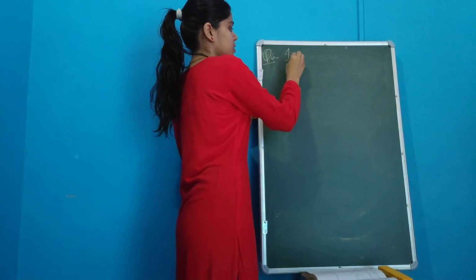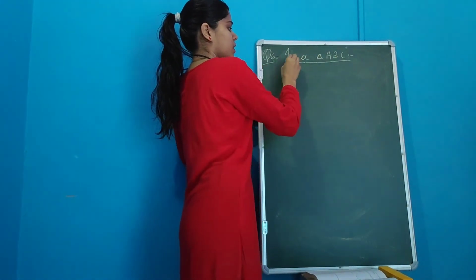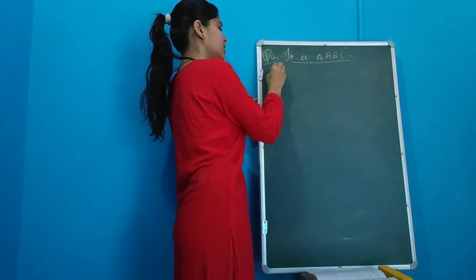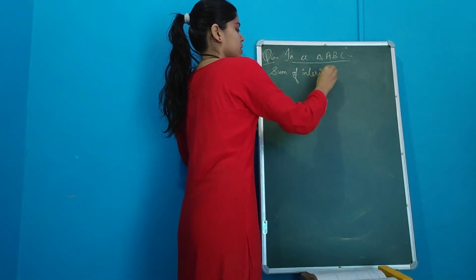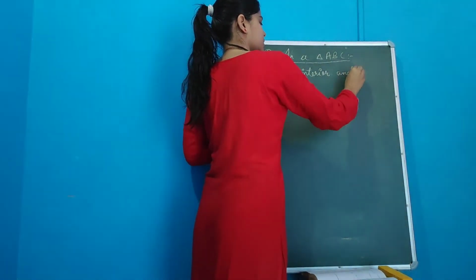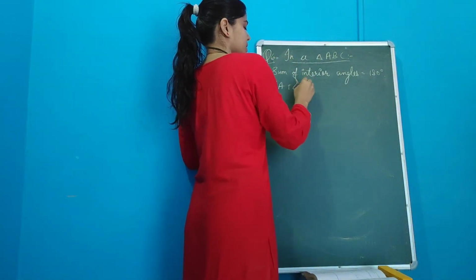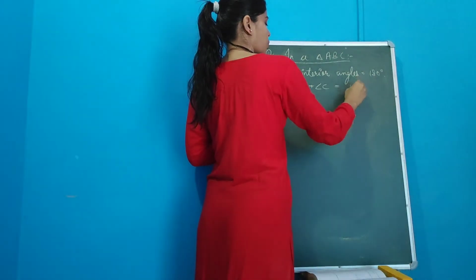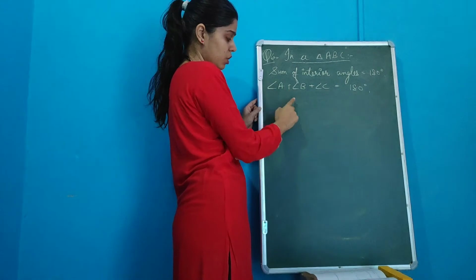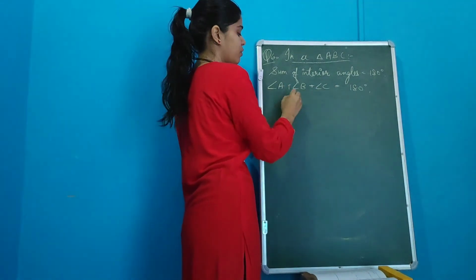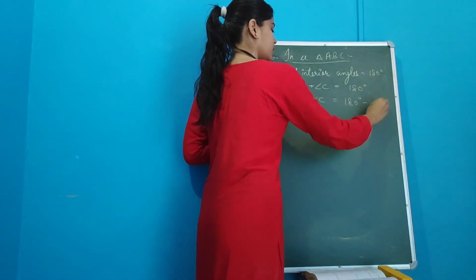In a triangle ABC, the sum of interior angles is equal to 180 degree. So angle A plus angle B plus angle C equals to 180 degree, and अभी हमको साथ में कौन चाहिए? B and C, so remove angle A from here. So angle B plus angle C equals to 180 degree minus angle A.